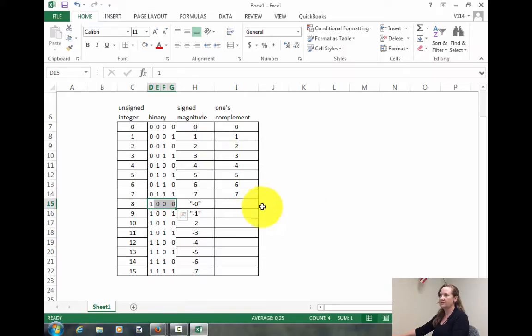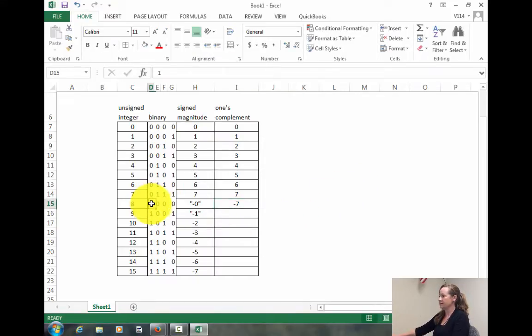So what negative number would this guy represent? If I changed all the 1's to zeros and zeros to 1's, what number is that? It would be 0, 1, 1, 1. That's 7. So in 1's complement, this is negative 7.